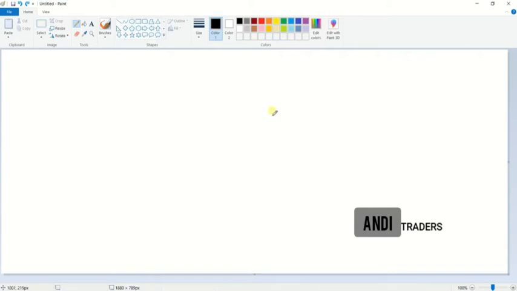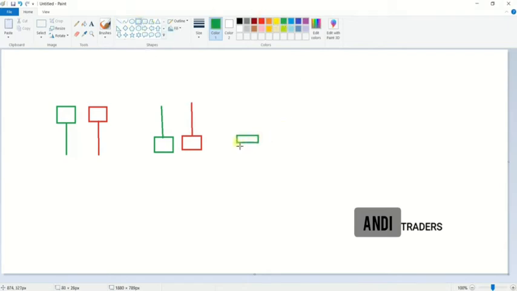Okay, so now we talk about this candle, a hammer candlestick, an inverted hammer candlestick, this is the inverted hammer or shooting star.